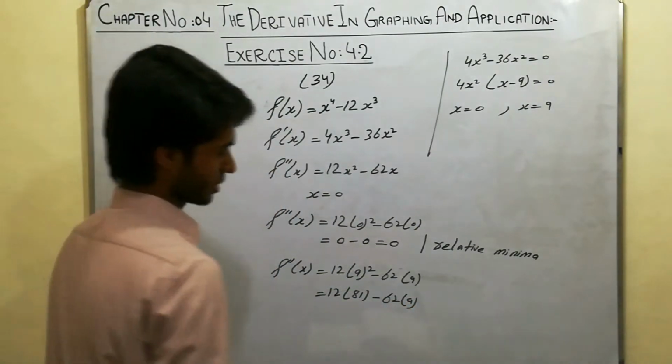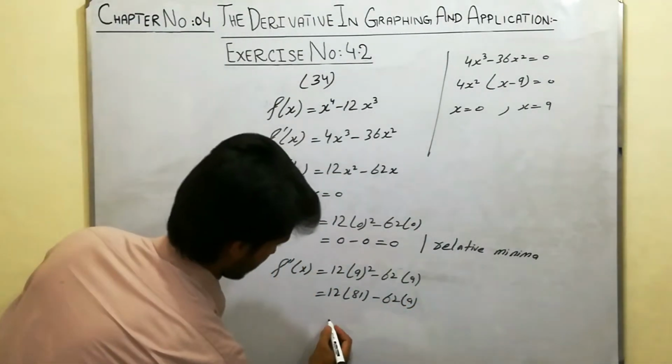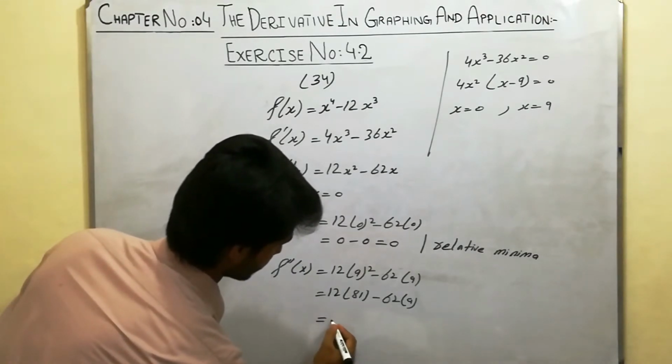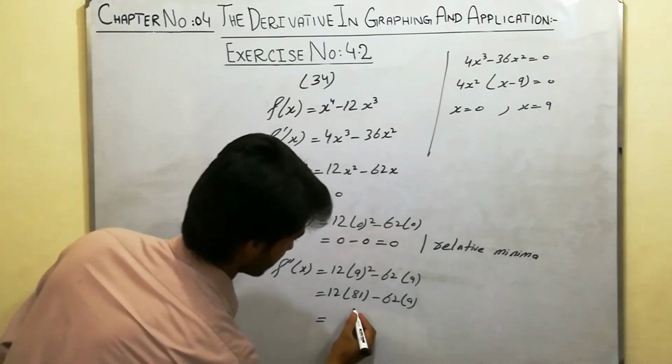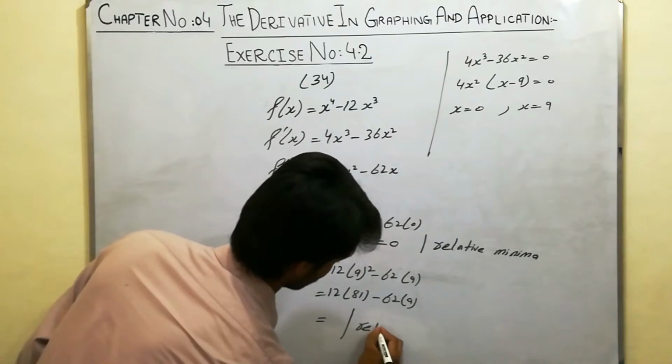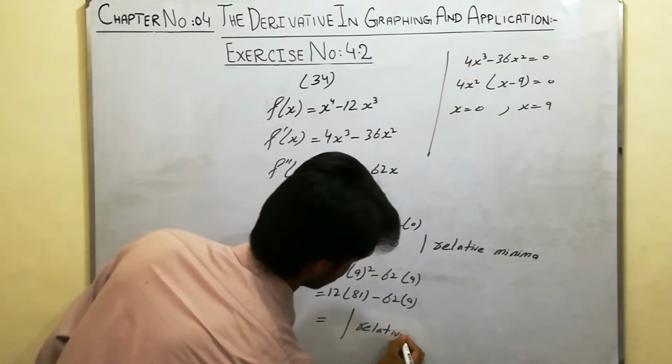If we solve that, we have a positive value, so it is a relative minima.